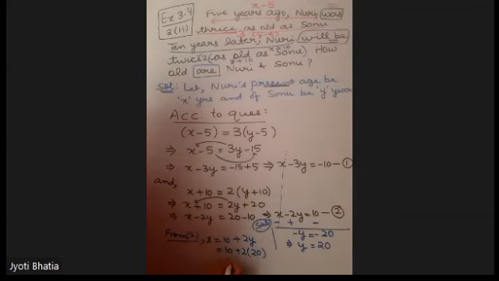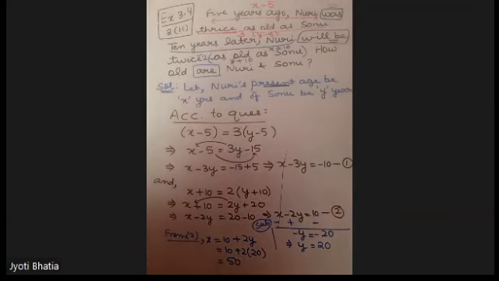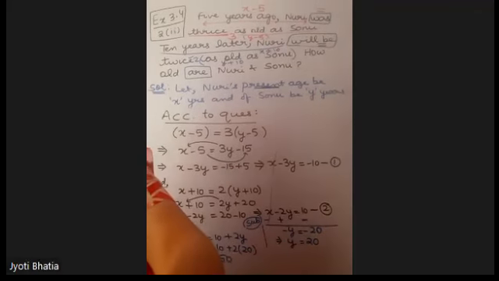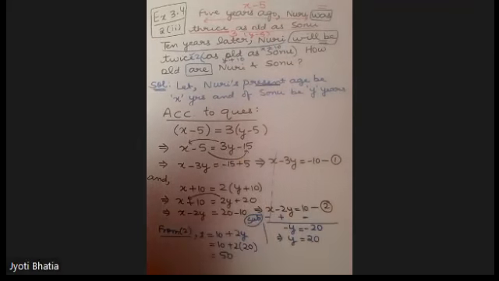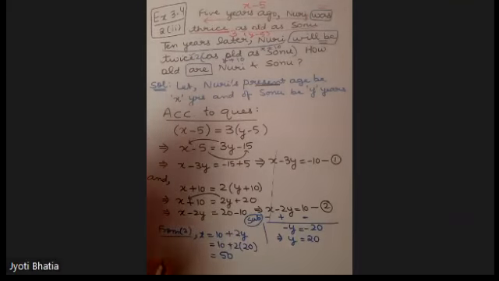So 40 plus 10, 50. So what is Noori's present age we are getting? Ma'am, 50. Noori's present age is 50 and Sonu's present age 20. So let us just write it down.